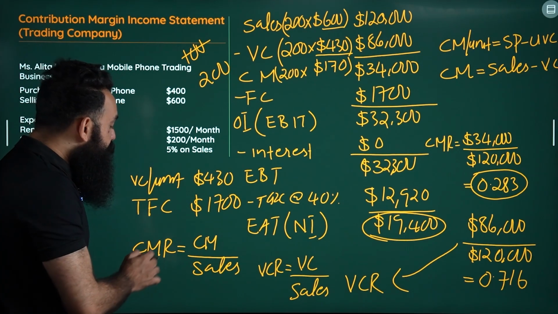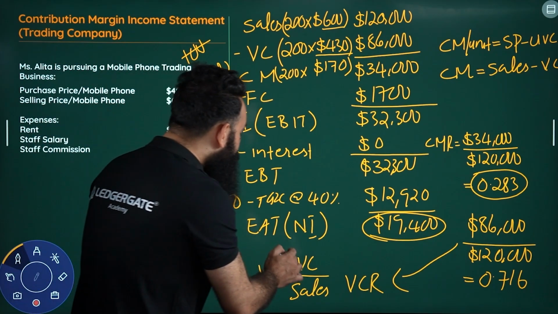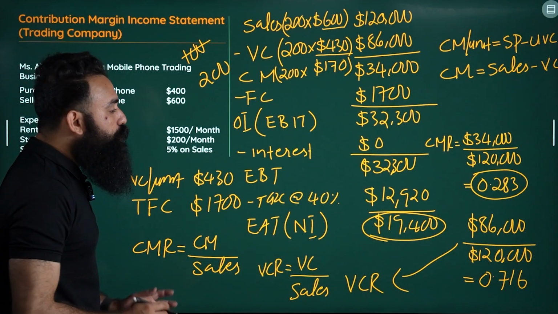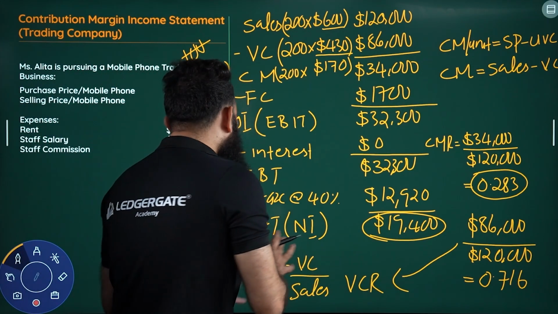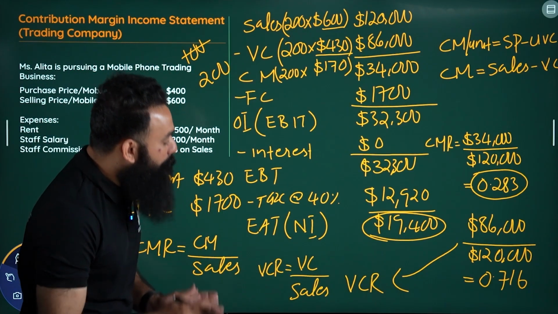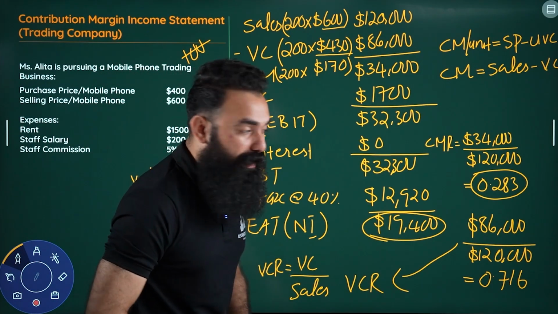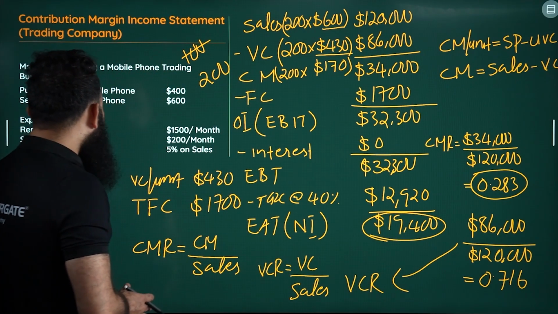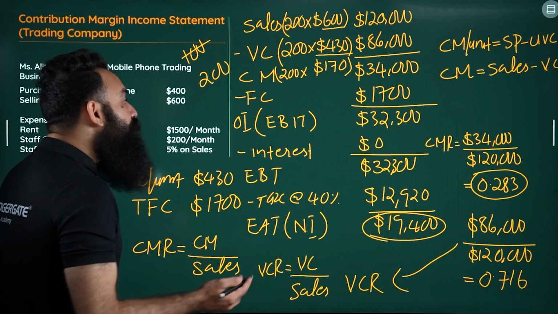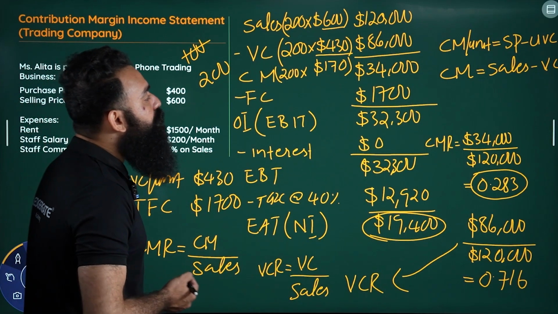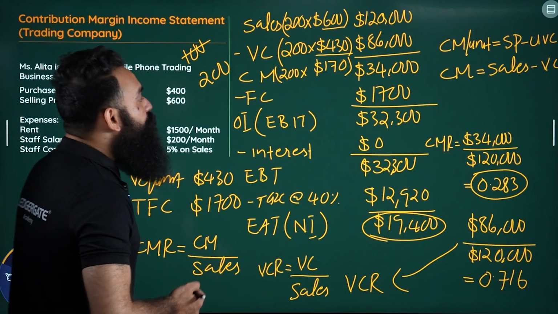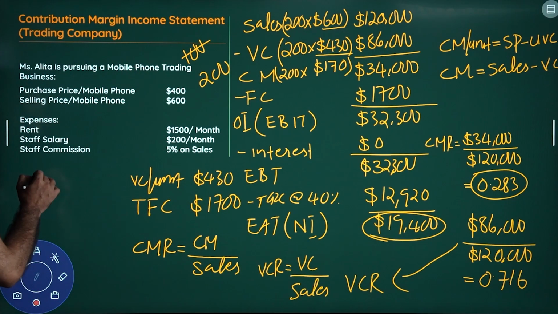Here we are calculating the contribution margin ratio and variable cost ratio using the total contribution margin compared with sales, and total variable cost compared with sales as well. But on a per unit basis also we can calculate the contribution margin ratio and variable cost ratio like this.